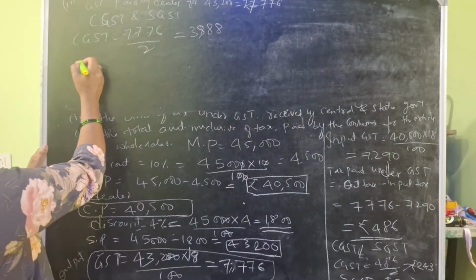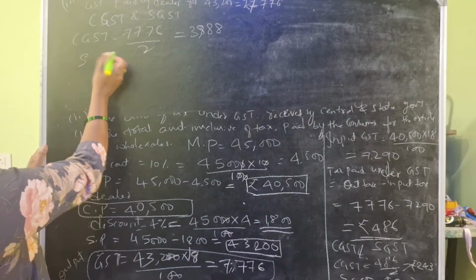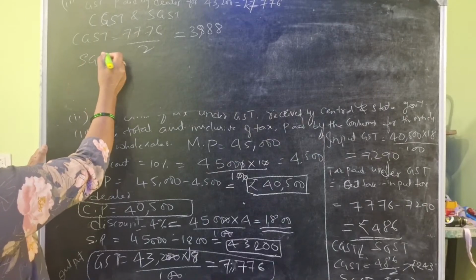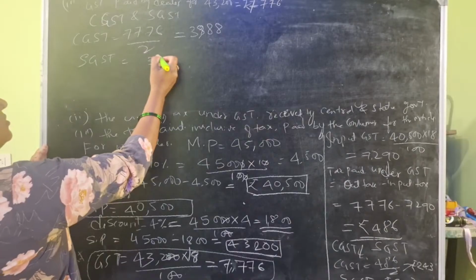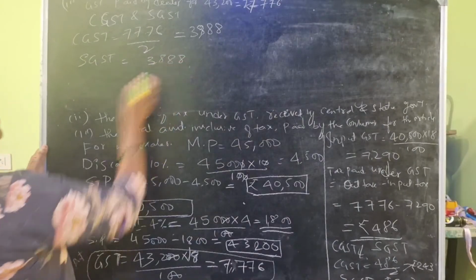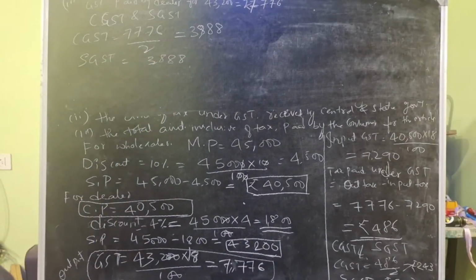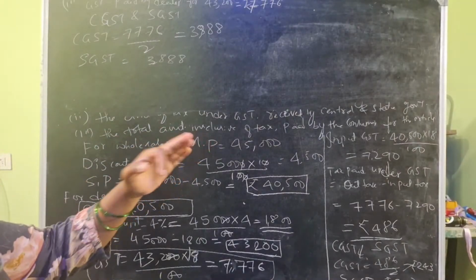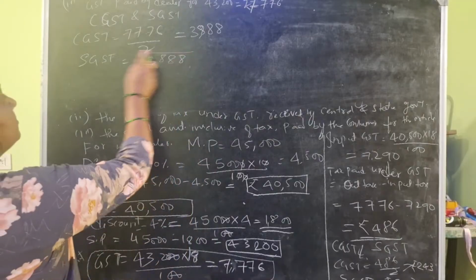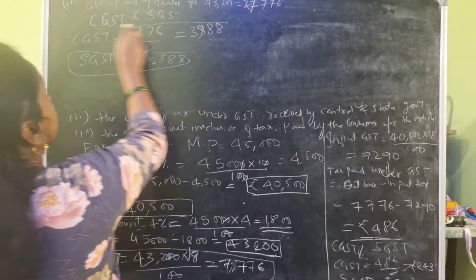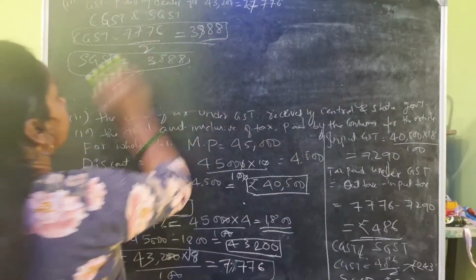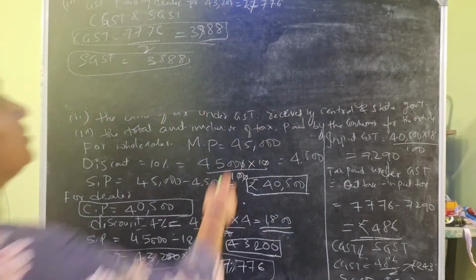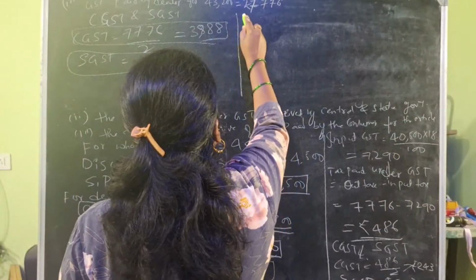If CGST is 3,888, then SGST is also the same, 3,888. Hence the tax received by central and state government is 3,888 each.